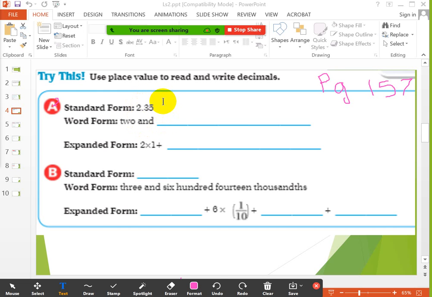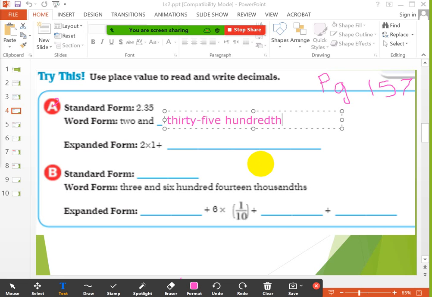Excellent, but don't forget the th in hundredths, not hundreds. So it will be 35 hundredths. This is the word form. Don't forget the th here.